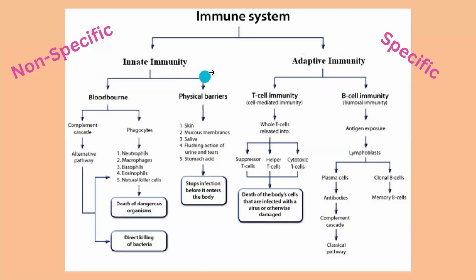So innate immunity tends to be our initial response, or how we initially and quickly try to prevent an invader or foreign substance, whereas our adaptive immunity is going to be a slower response, but it is going to be very specific and specialized to get rid of whatever foreign substance is in the body.